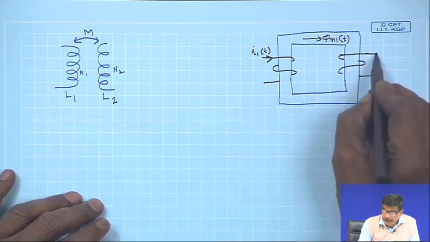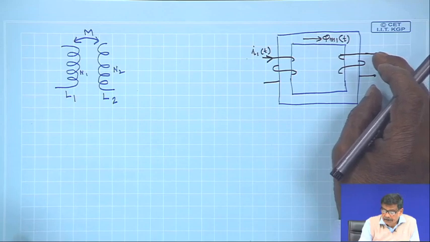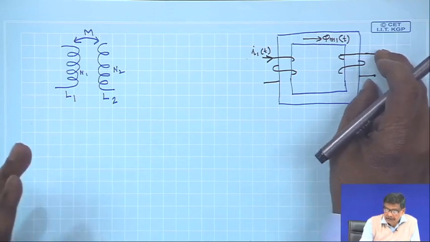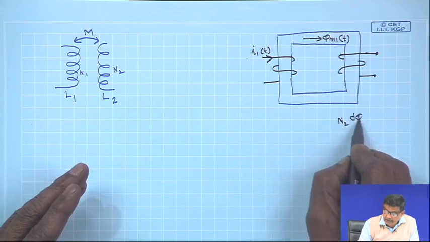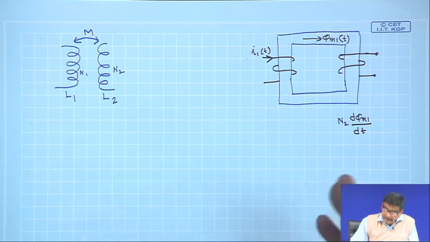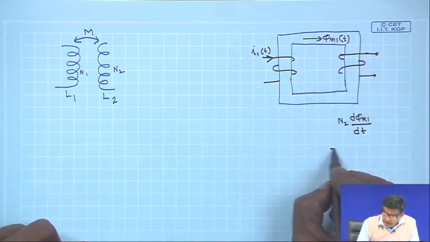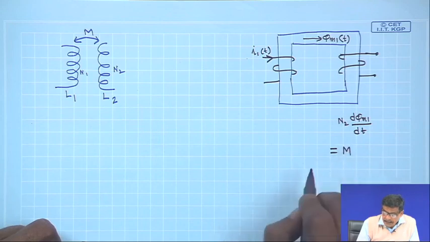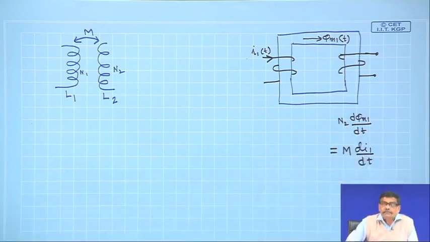and therefore, Faraday states that across the 2 terminals of the secondary coil you will expect a voltage N2 d phi M1 by dt, and this can be shown to be equal to M dI1 by dt. This is one and the same thing.